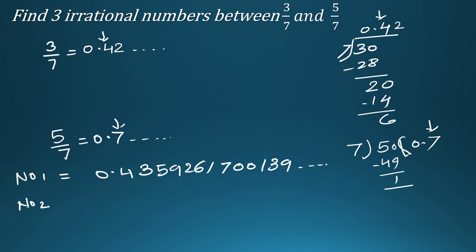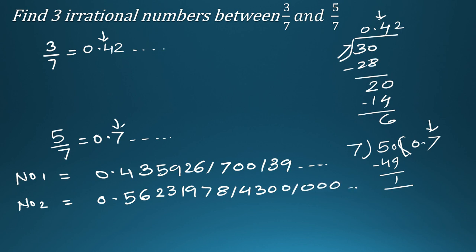Another number can be any number. Students, here the answer cannot be unique. Maybe I am writing three different numbers, and you may have another set of numbers. Some other students can have another set of numbers, but those numbers should be between 0.4 and 0.7. Another example can be 0.5623197814300100 like this.